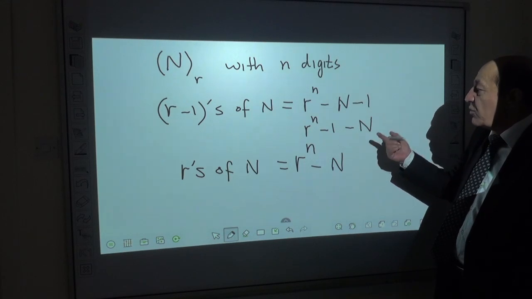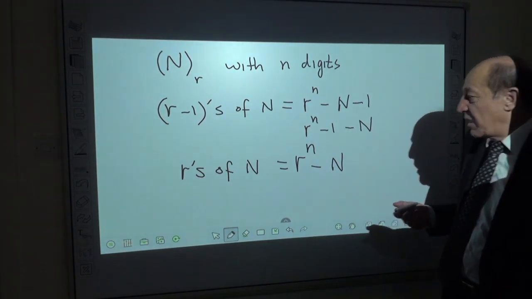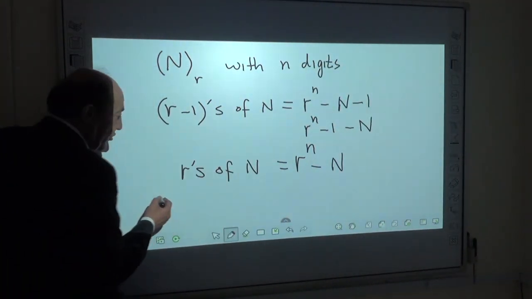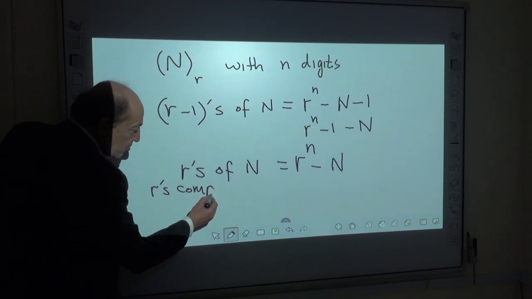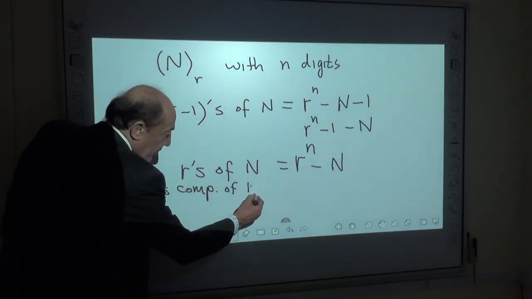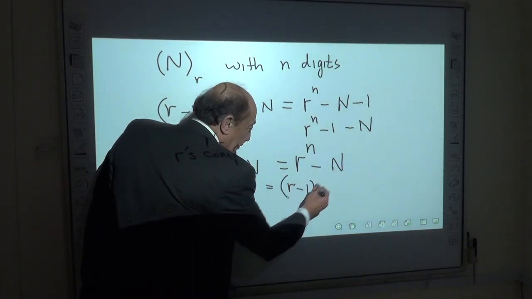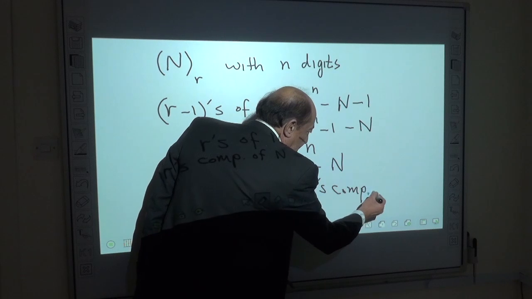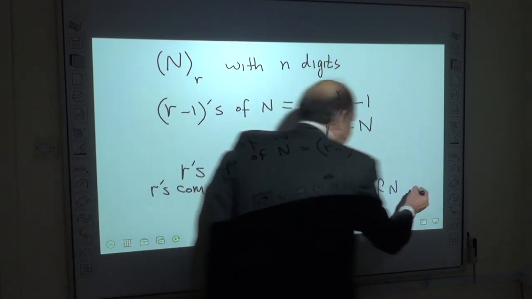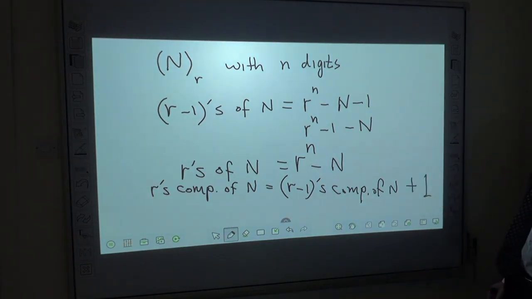Or if we add 1 to R minus 1's complement of the number n, we obtain the R's complement of n. So R's complement of the number n equals R minus 1's complement of the number n plus 1. This is true for any numbering system.